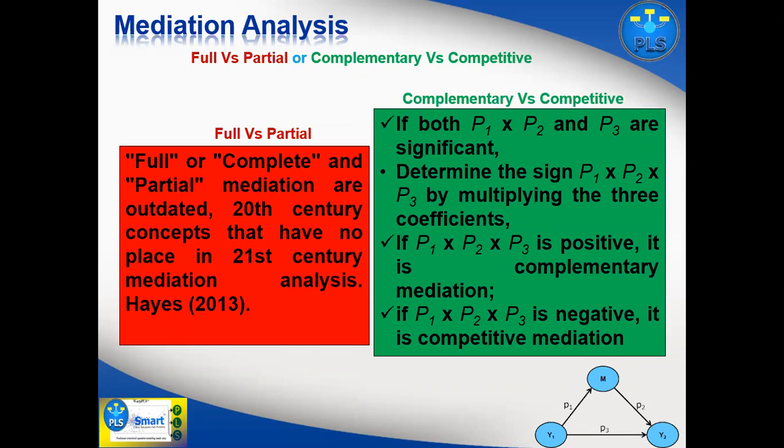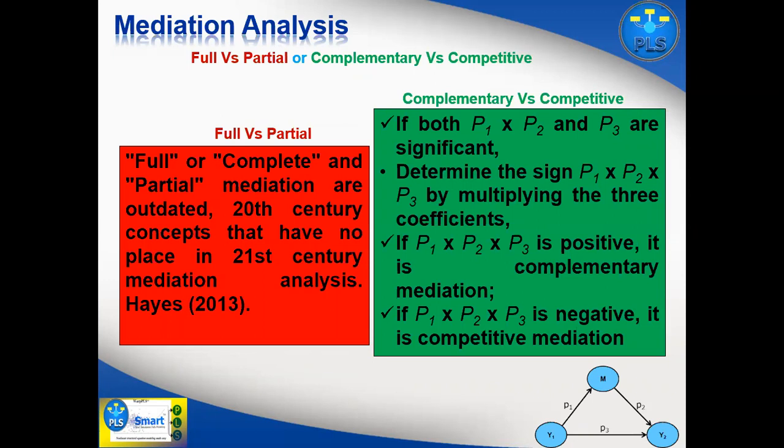Anyway, in 2013, Hayes challenged that. He said full or complete and partial mediation are outdated 20th century concepts that have no place in 21st century mediation analysis. If you can challenge that one, you can maybe add something and change it.